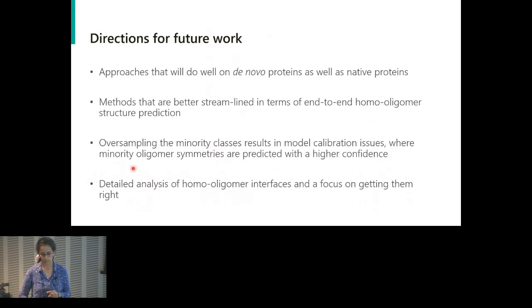We find that oversampling the minority classes results in model calibration issues for us. And finally, some detailed analysis of the interfaces in the homo-oligomer structures made us realize that while the global symmetry looked all right, the interface residues were not always aligned well across interfaces.